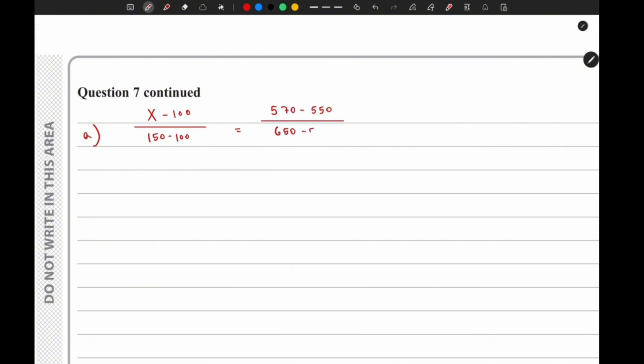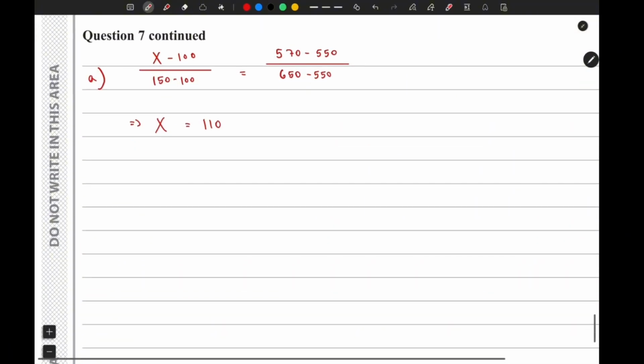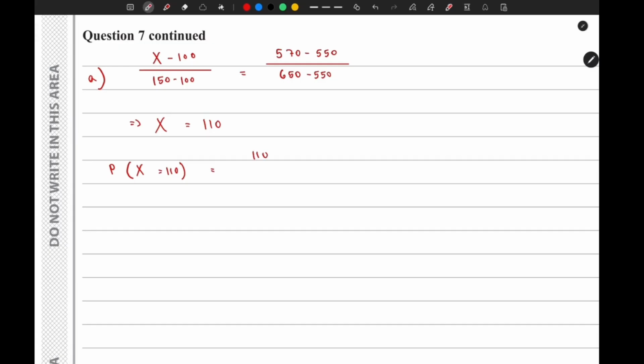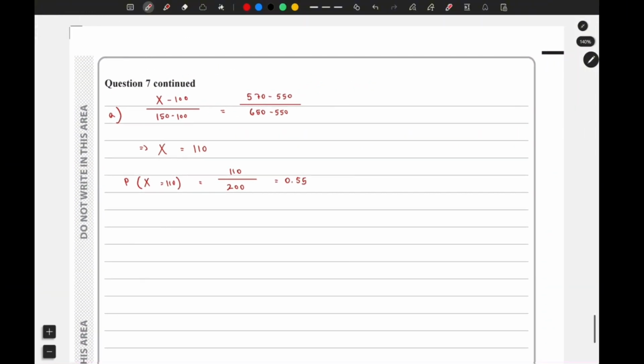From this we will get the value of x to be 110. So the probability is 110, the required outcome, divided by the total outcomes, which is around 0.55. So that is the answer for part A.